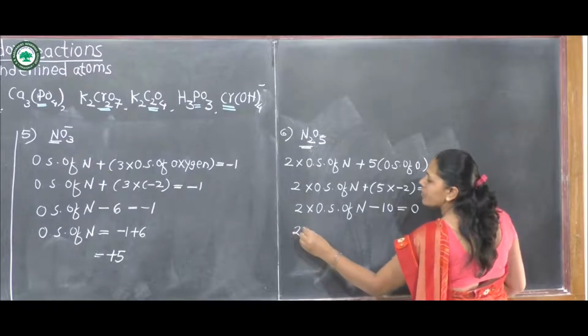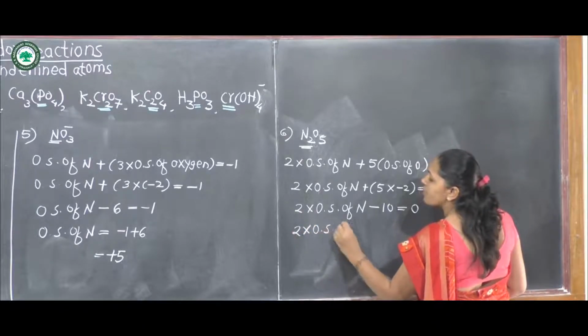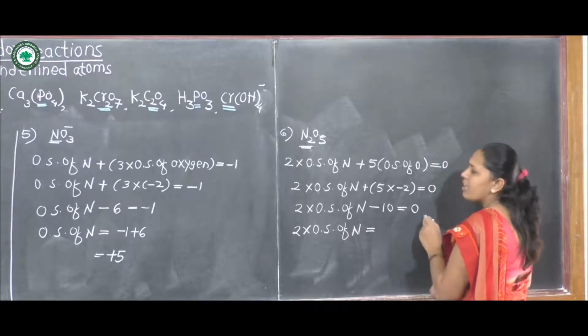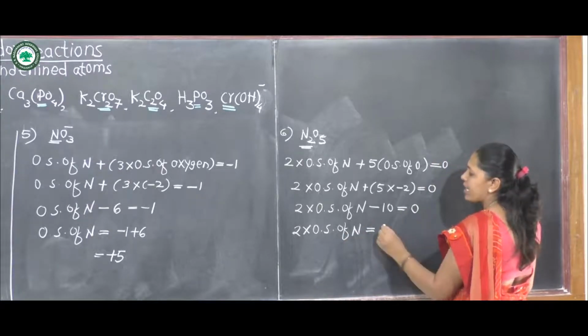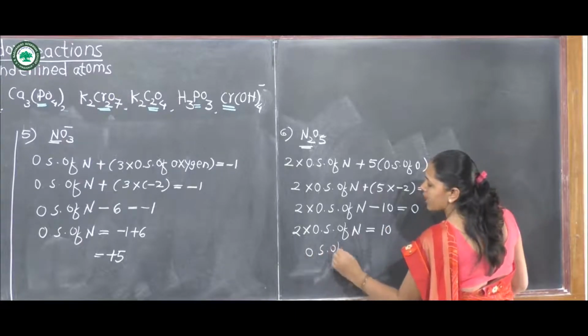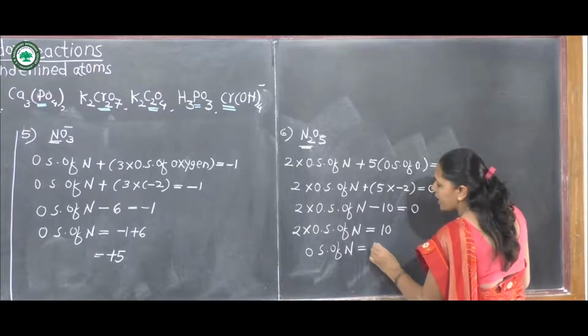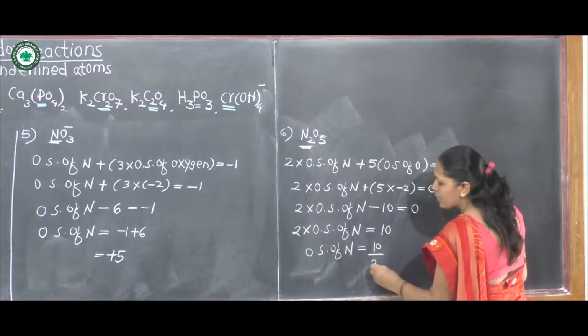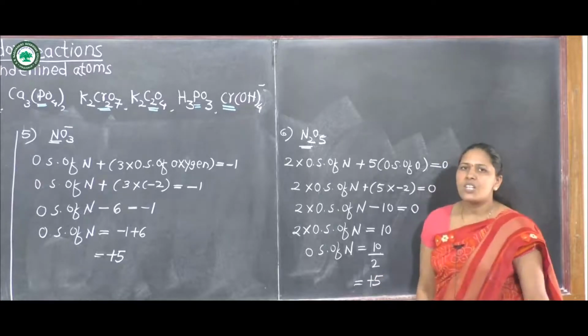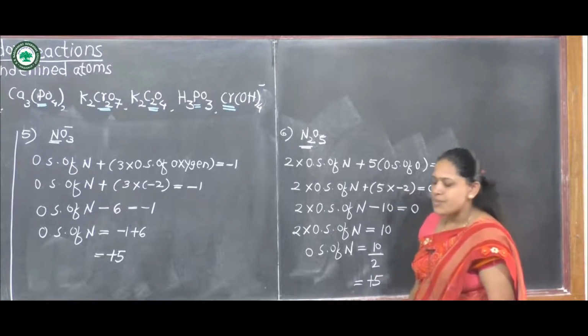Therefore 2 multiplied by oxidation state of nitrogen is equal to minus 10, taken to the opposite side is equal to plus 10, and oxidation state of nitrogen is equal to 10 divided by 2, that is plus 5. This is the oxidation state of nitrogen in this species.